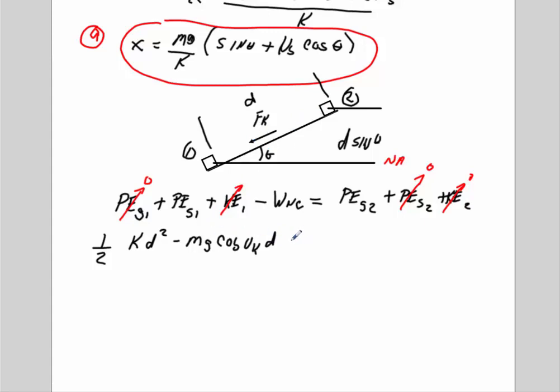That would be minus, and we will set that equal to our mg times d times the sine of theta.